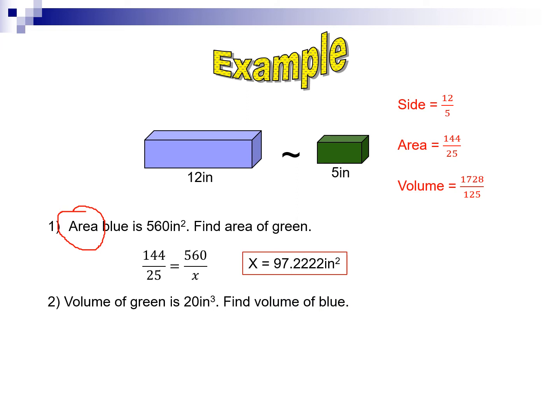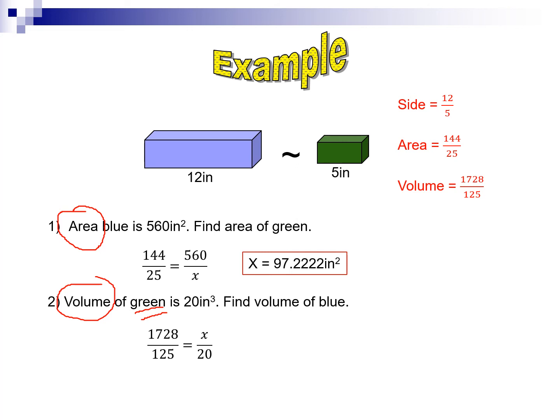Let's do another example. This time they give you the volume of the green one. So we're going to use the volume ratio. 1,728 over 125. And notice this time the x is on top. You always want to stay consistent. Notice in the entire problem I've been going from blue to green.